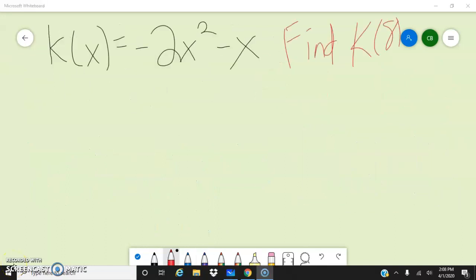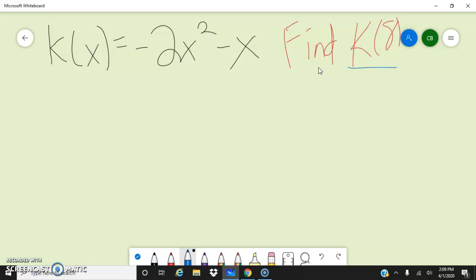Let's take a look at this example here with an exponent. We have k of x equals negative 2x squared minus x, and we're going to find k of 8. The number that we're going to substitute in is 8.